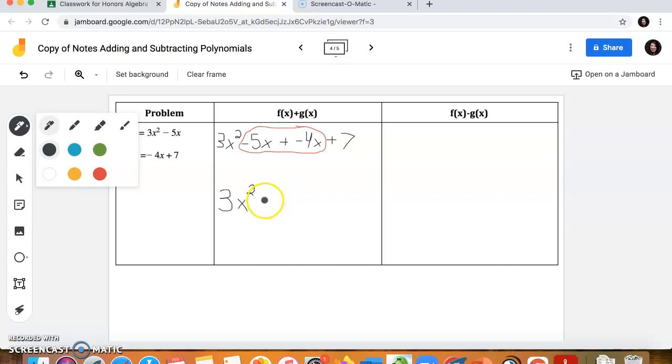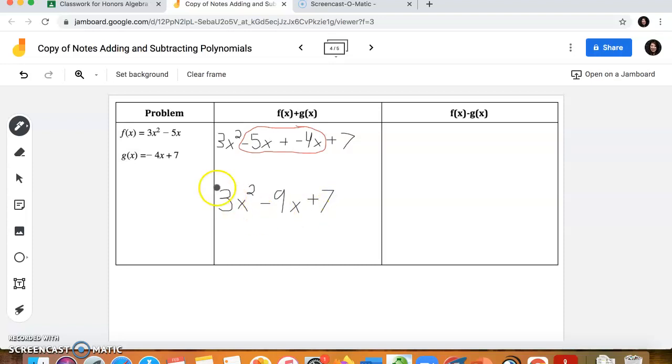So negative 5x plus negative 4x is going to get us negative 9x. And then again, that's 7. It's the only constant, so it is going to be by itself. It cannot be combined with anything. And that is our final answer right there.